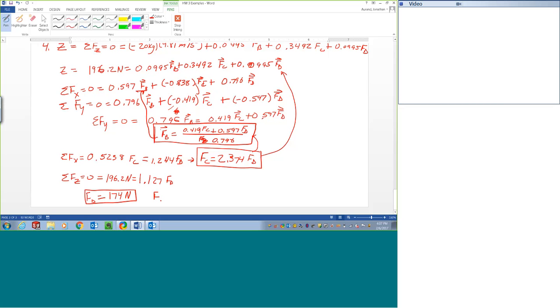FC, substituting here, pulling down, I found that to be 413 newtons. And FB equaled 348 newtons.